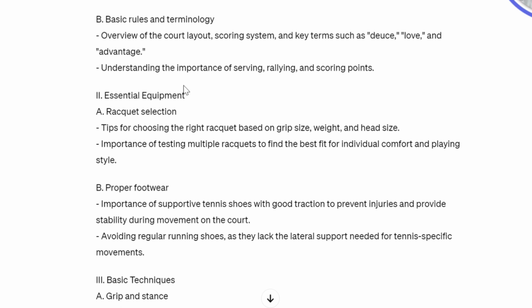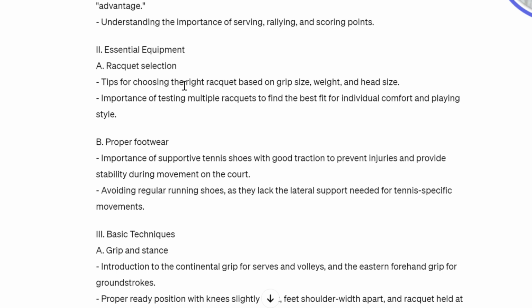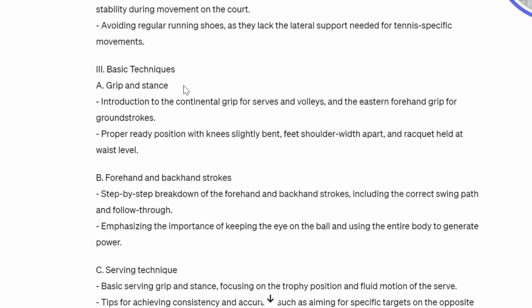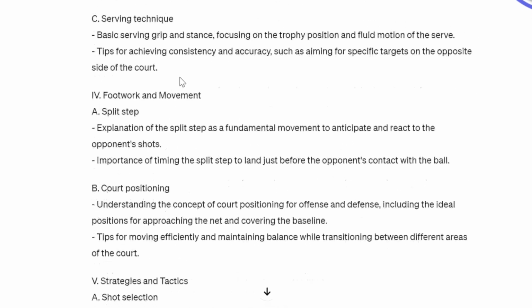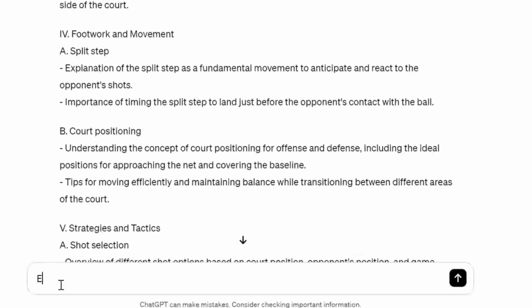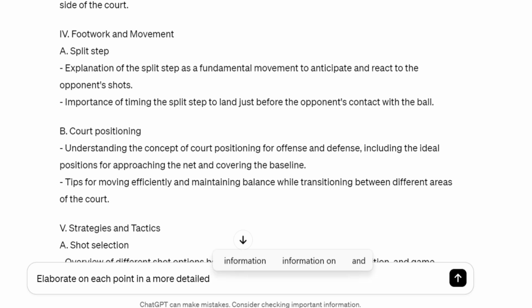So I'm just gonna go through this outline, but one thing I'm finding about this is I feel like it's not detailed enough of an outline. So what I'm gonna do is prompt ChatGPT to elaborate on each point in a more detailed way.